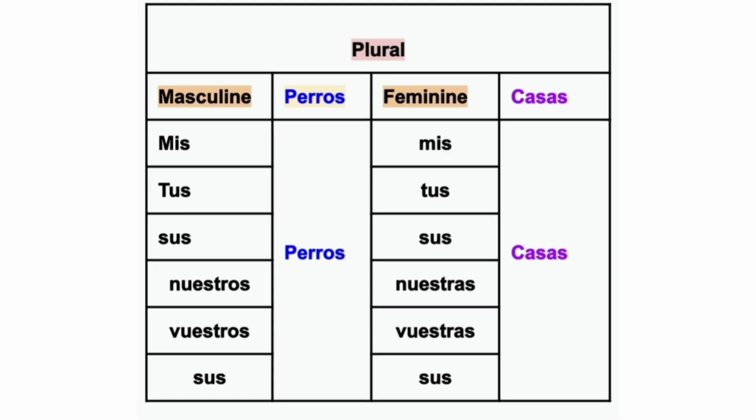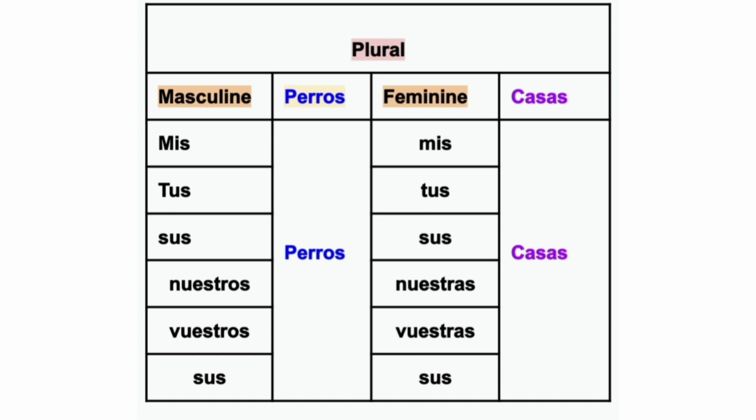Now let's look at some plural examples. Los perros, the dogs. Las casas, the houses. Mis perros, my dogs. Your dogs, tus perros.